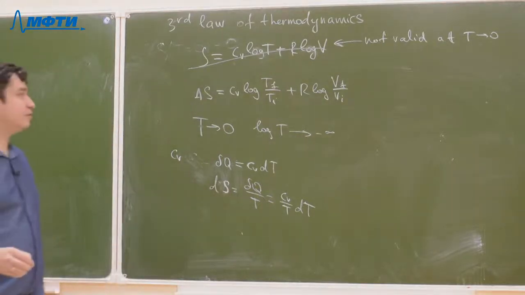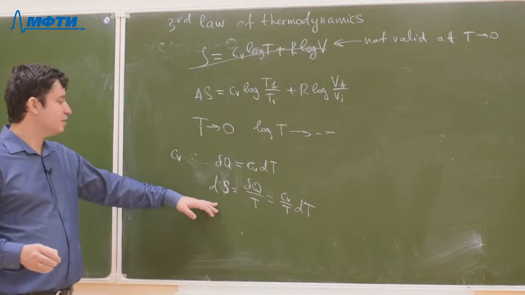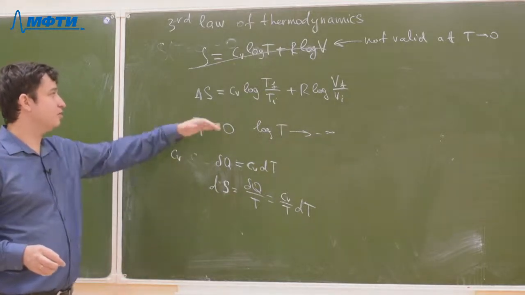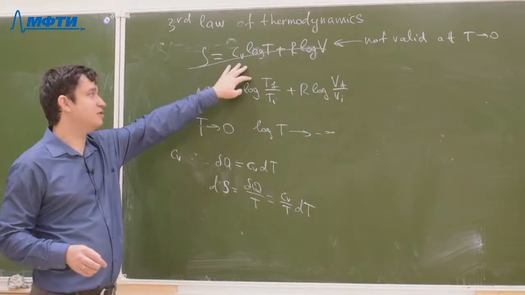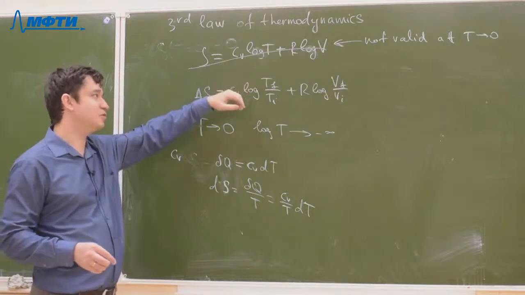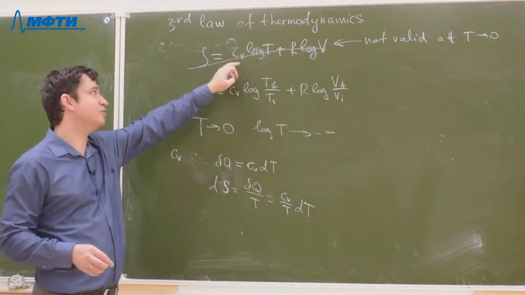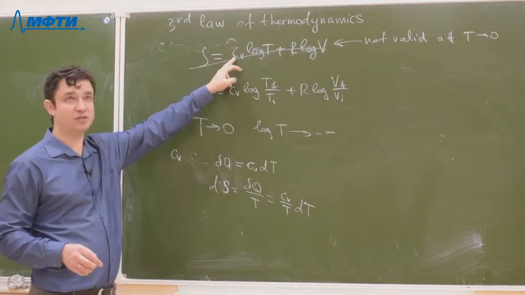So I guess the main reason why this expression is not valid when temperature approaches 0 is that we have assumed that CV is some constant.